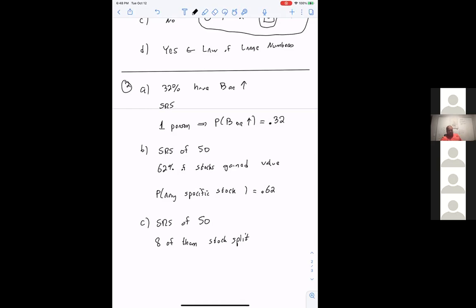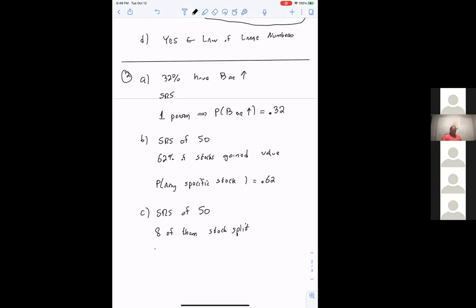But the SRS of 50 was taken, 8 of them had a stock split. Watsco Incorporated, which by the way was not in that sample. The question is, what is the probability that Watsco had a stock split?